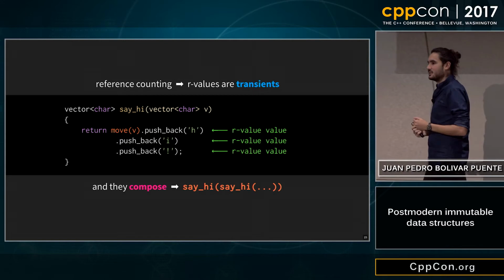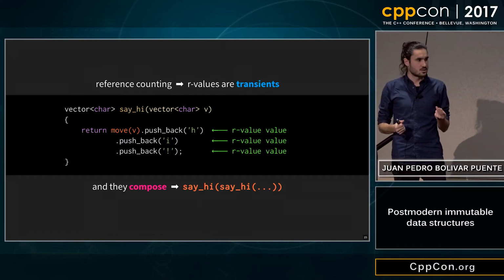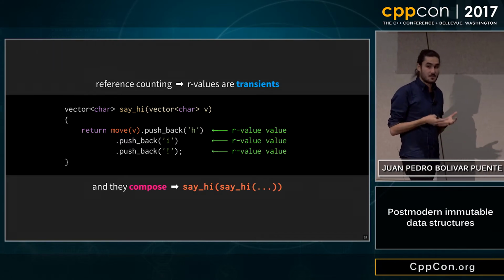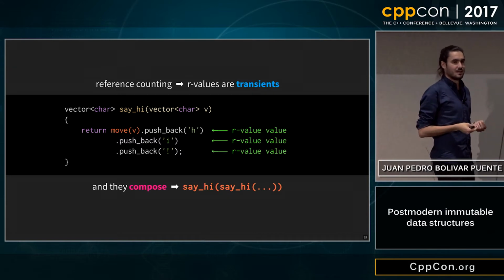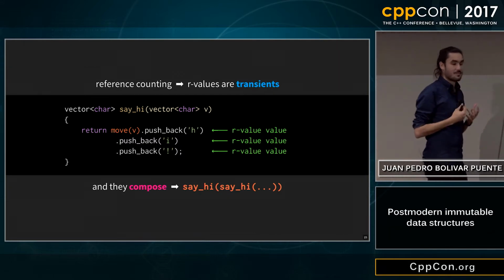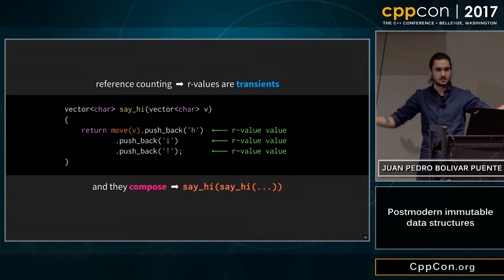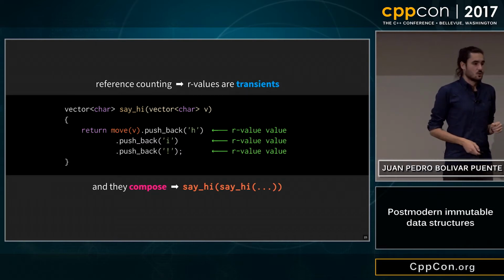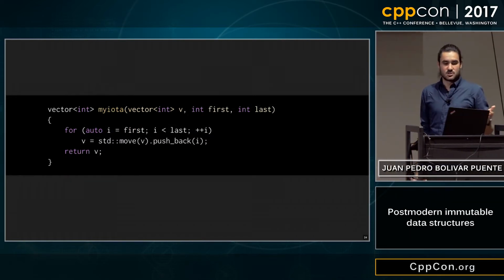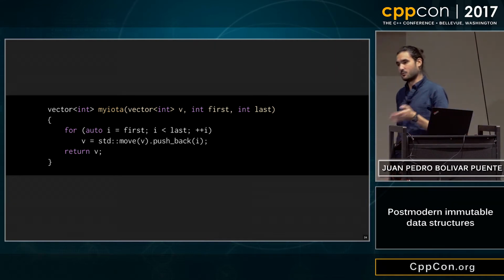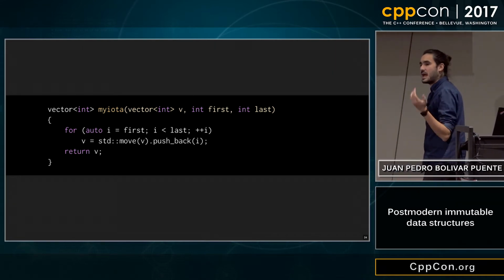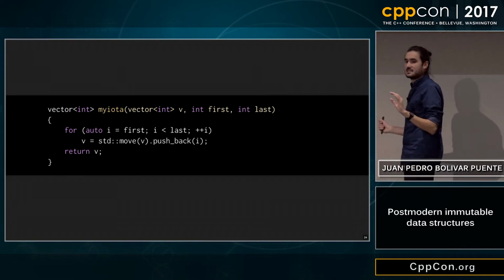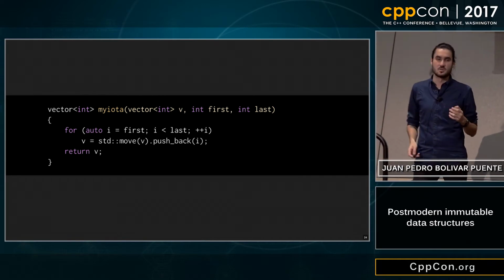Which means that we achieve a nice property: we're working with this functional-looking, very value-oriented API, yet the performance of the system is going to depend on the actual amount of sharing at runtime, which is really nice. Another consequence of this is that the loop that we had before, if you don't like to use the transient-looking API, you can just move the value, and it's going to have exactly the same performance if you're using reference counting.